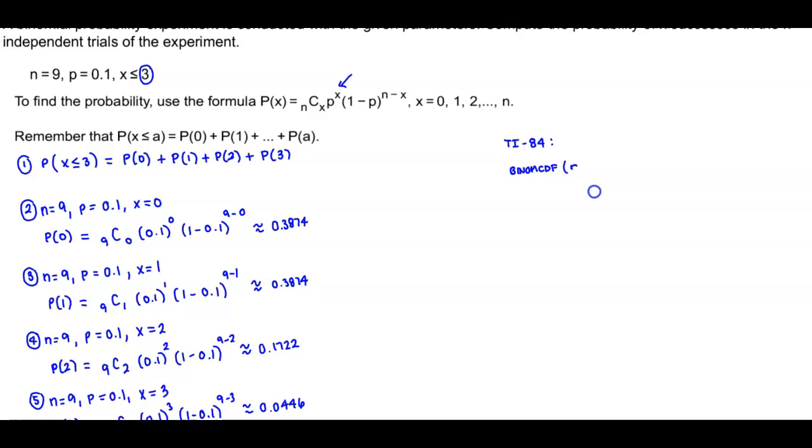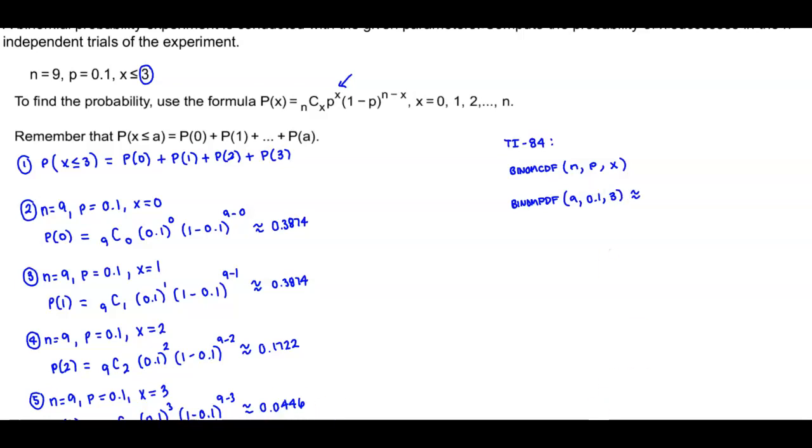And that means we're going to use n, and then the value of p, and then the value of x. So we have binomial CDF, where the number of trials is 9, the probability is 0.1, and the value of x is going to be 3.